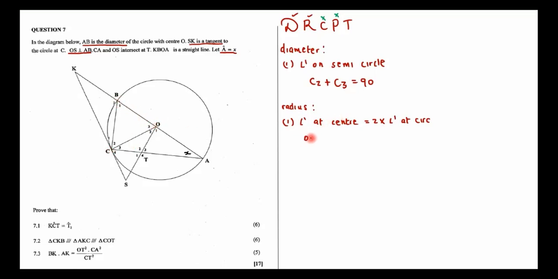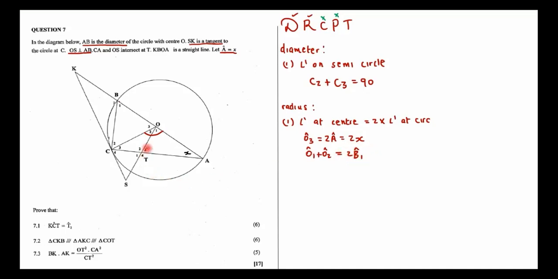So O3 will be twice angle A. I know that A is X, so I'm going to put 2X. And the second one, I can see that I have O1 plus O2, which is twice B1. So I'm going to keep that one at that.